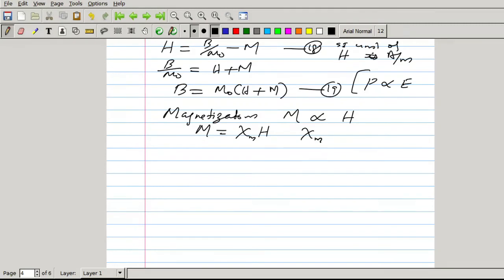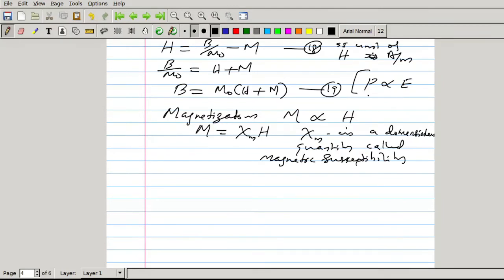Since M and H have the same unit, chi m is a dimensionless quantity called magnetic susceptibility. In the case of the electric field, we multiplied by a constant epsilon 0 chi e.